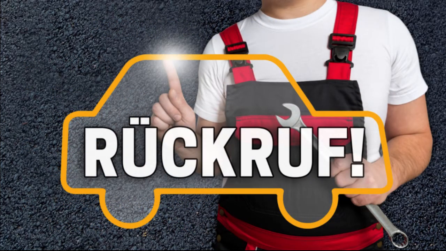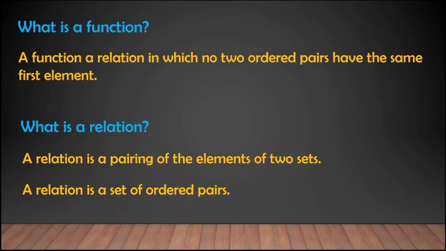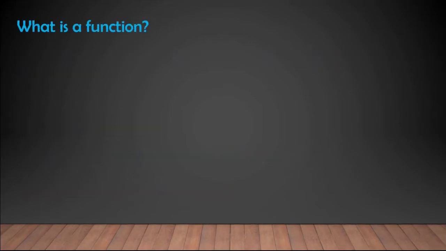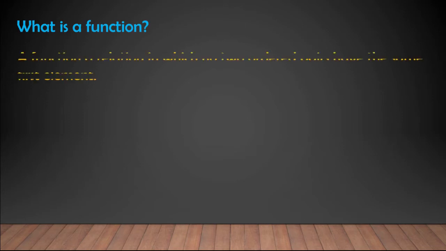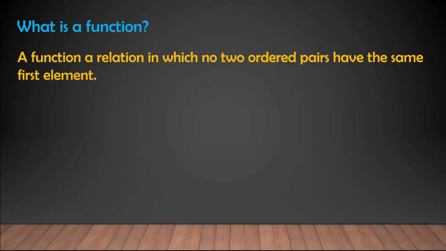Rückruf. This is a German word which means recall. Now let's recall the definition of a function and a relation. So what is a function? A function is a relation in which no two ordered pairs have the same first element.